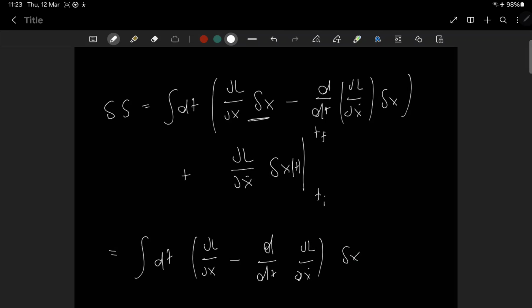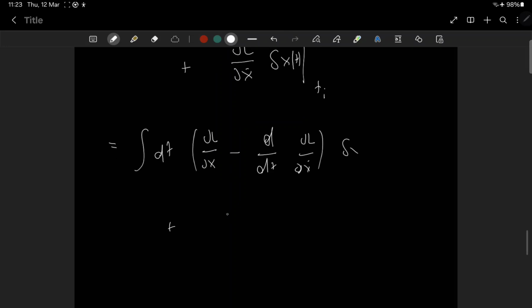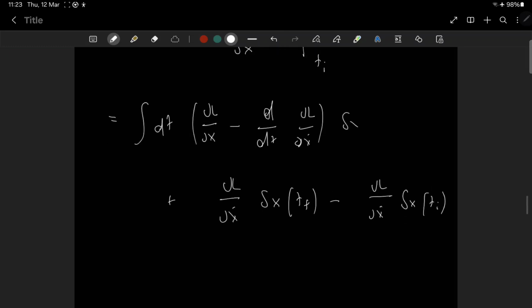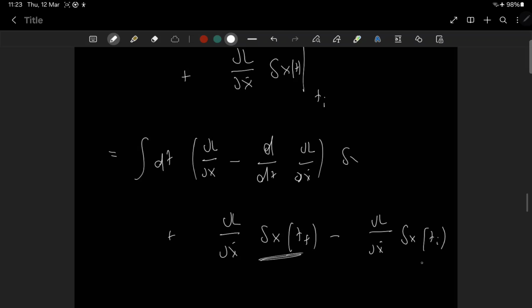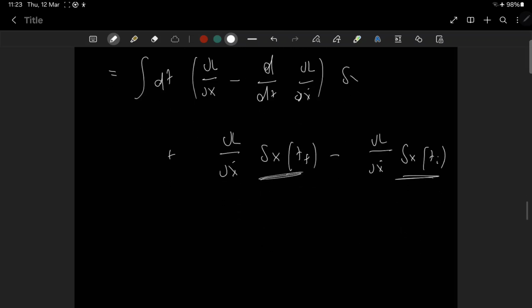I've taken out the common factor delta x, and then this is plus partial L by partial x dot, delta x of tf, minus partial L by partial x dot, delta x of ti. And now these terms over here are just equal to 0, so they vanish.